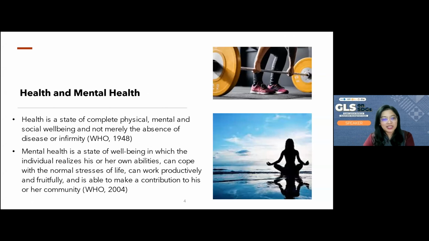And mental health is a state of well-being in which the individual realizes his or her own abilities, can cope with the normal stresses of life, can work productively and fruitfully, and is able to make a contribution to his or her community.